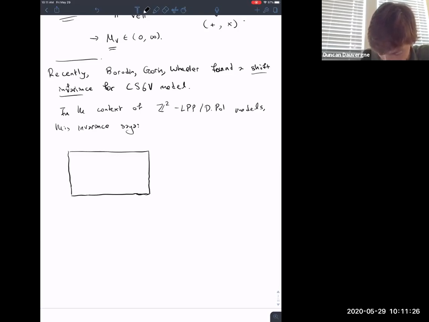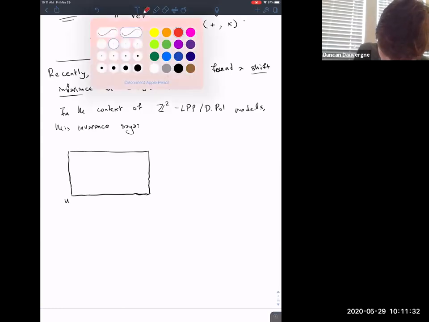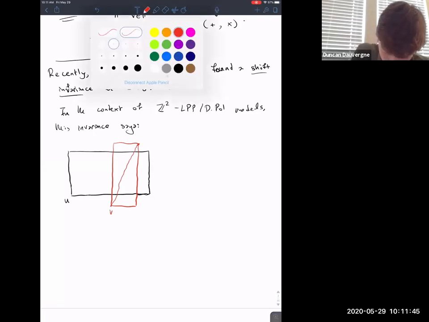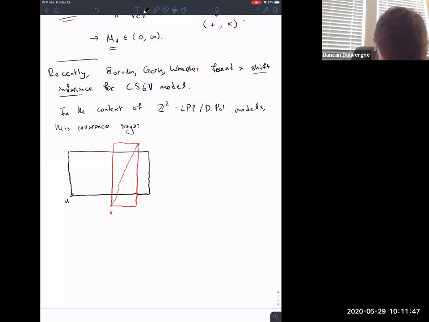They prove more complicated things as well, but let's start with something quite simple. So I'll have a big box U and a box V, which crosses U in the sense that every path between the two corners of V crosses every path between the two corners of U. So these paths just need to intersect.